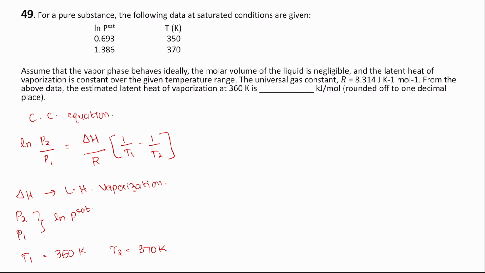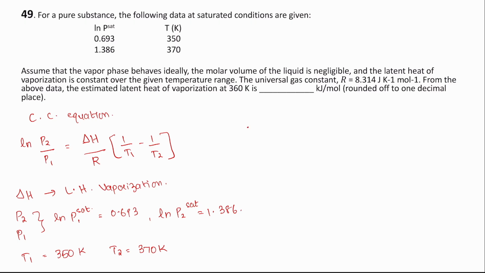The saturation pressures, ln P1 sat is given as 0.693 and ln P2 sat is given as 1.386. So this is just a direct substitution of the given values.